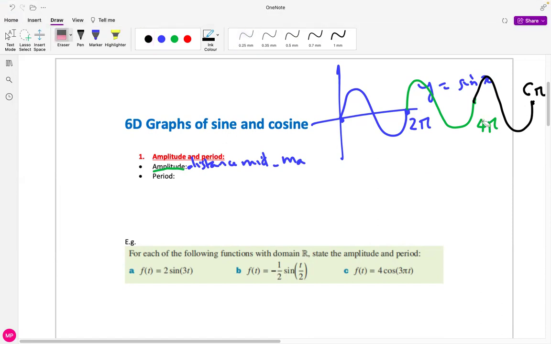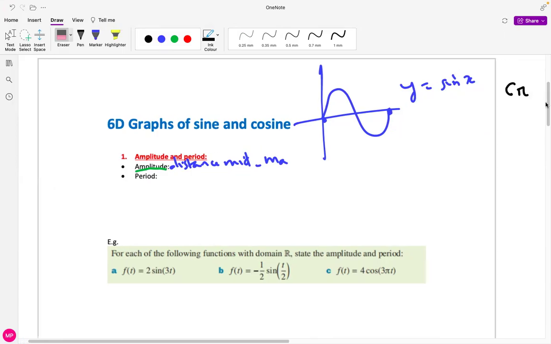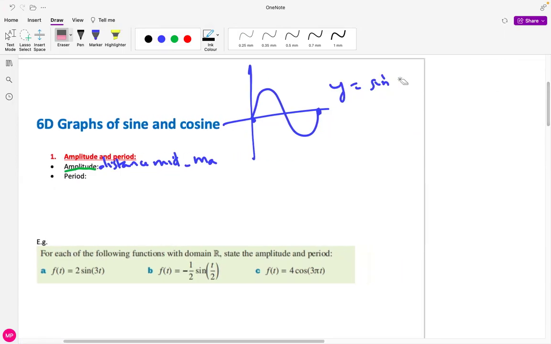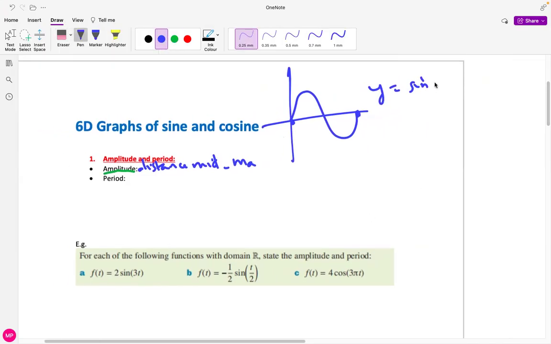If I do have a dilation factor in front of the x, how does that change the period? So here, if I have y equals sine of nx, all right, then the period will be changed to 2 pi over n.